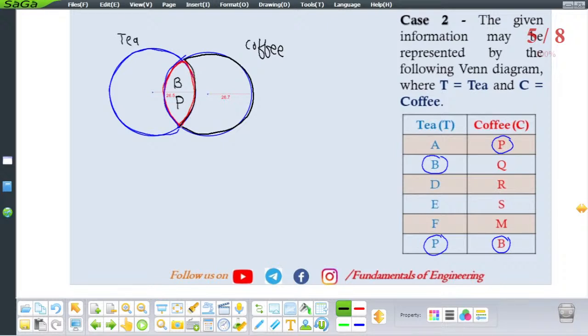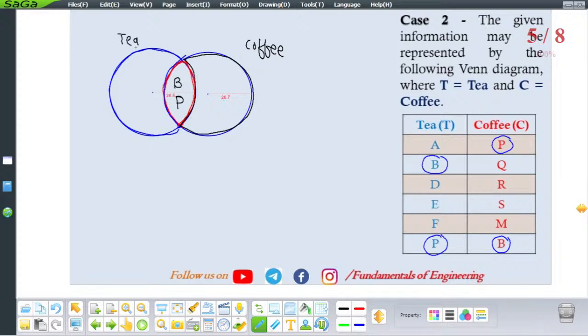I will show it again. This is the area of the persons who like to drink only coffee, and this is the area of those who like to drink only tea, right? And the others are common, B and P. This is the red mark area.